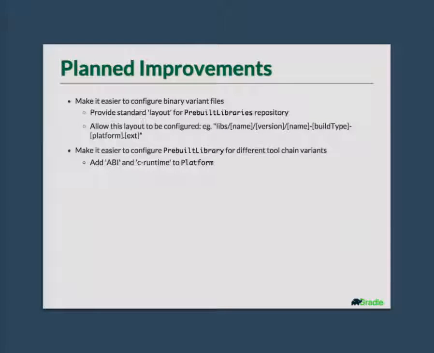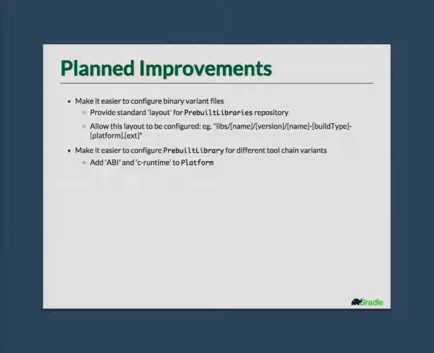So we want to have a lot of improvements in this area. Adam talked about it a little bit this morning. We want to bake all of that kind of metadata into things that we publish, but we also want the prebuilt libraries to work a little bit easier, maybe with a conventional location.